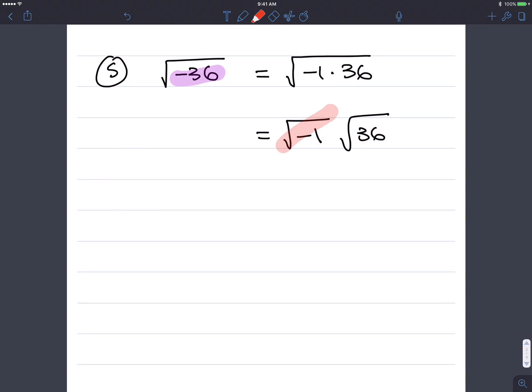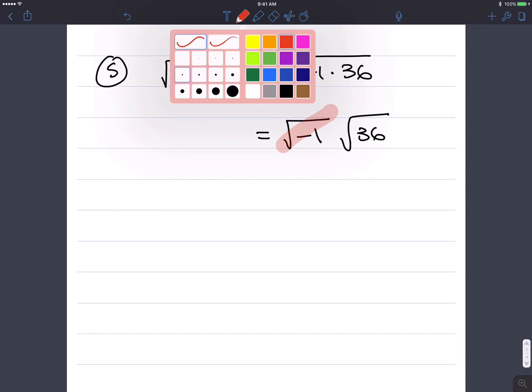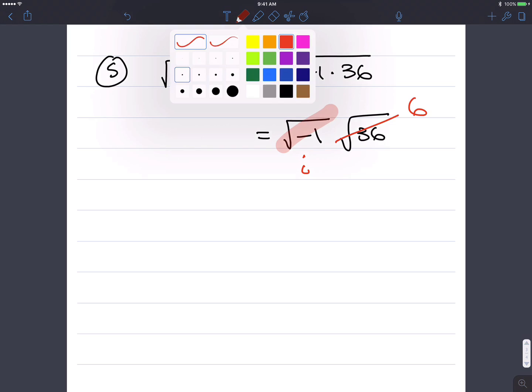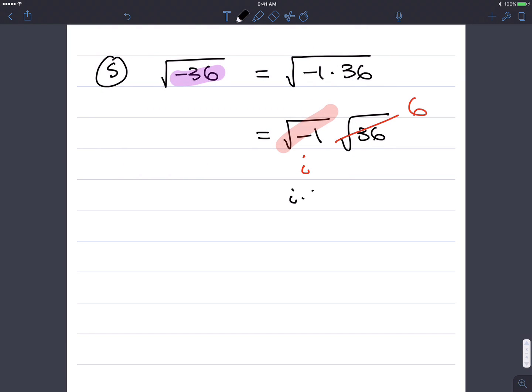The square root of -1 we replace with i, and the square root of 36 we know is 6. So we can say that our answer is i times 6, 6 times i, or simply 6i.